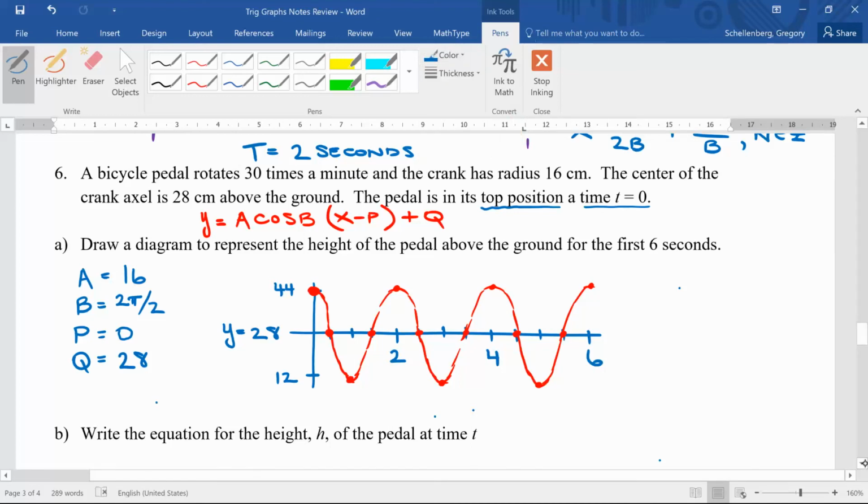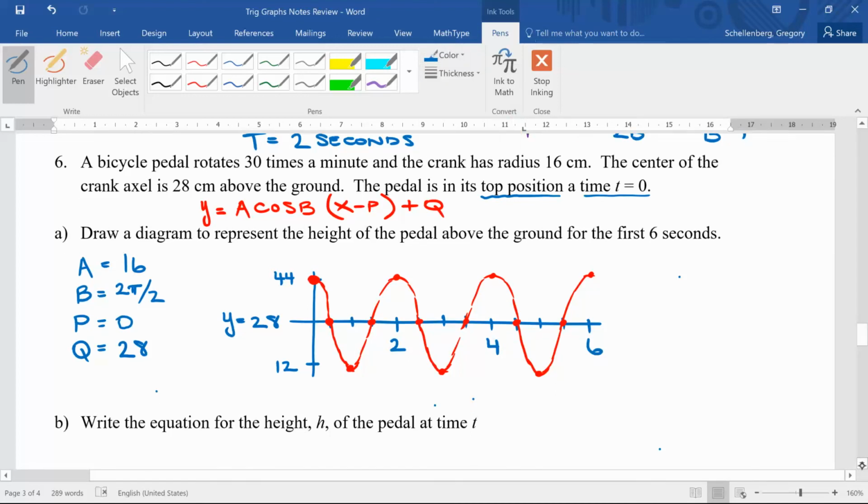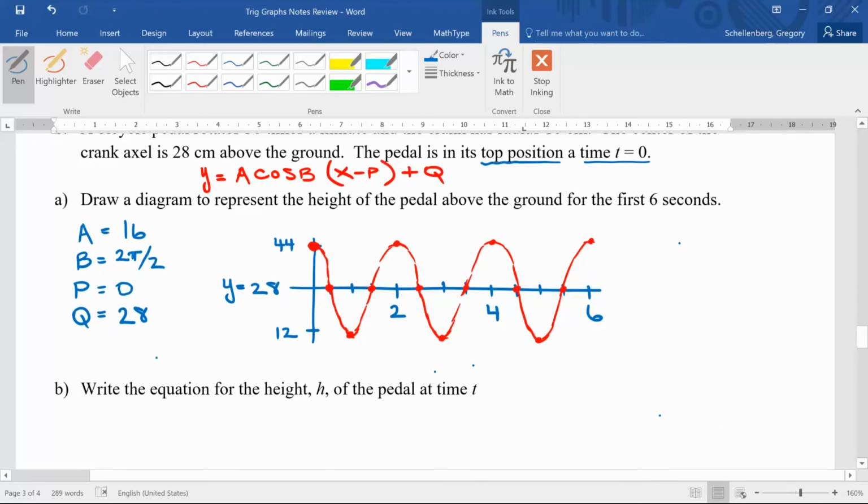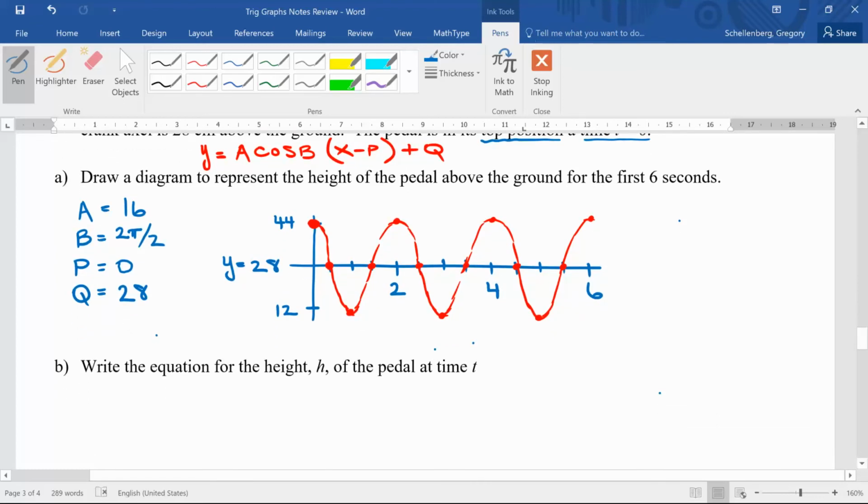Okay, so the next part to this is write the equation for height, h, of the pedal at a time t. So we just need to plug a, b, p, and q into our formula.